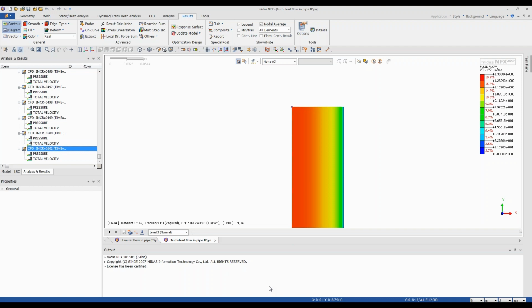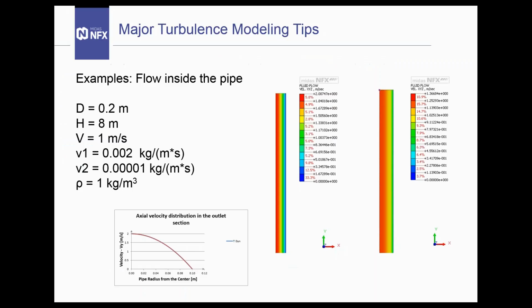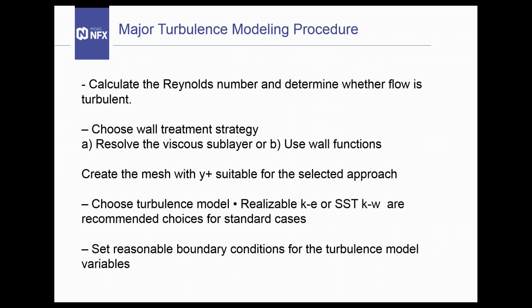But general guidance according to solving the problems looks like following. I'll go back to the presentation again. Every time when you are starting this, you have to determine what kind of flow you want to analyze. So we are calculating the Reynolds number, we are choosing the proper wall treatment strategy, we are creating the mesh for the suitable approach.